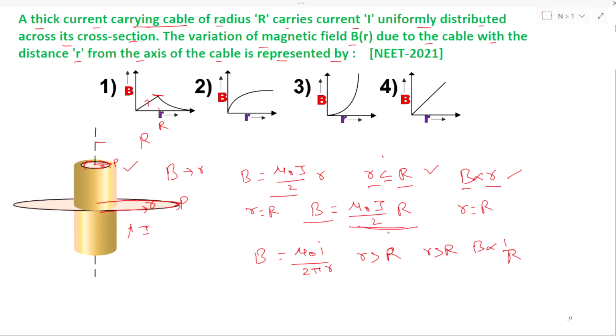And for small r greater than capital R, the value of B decreases hyperbolically like this. So the answer for this is the first option.